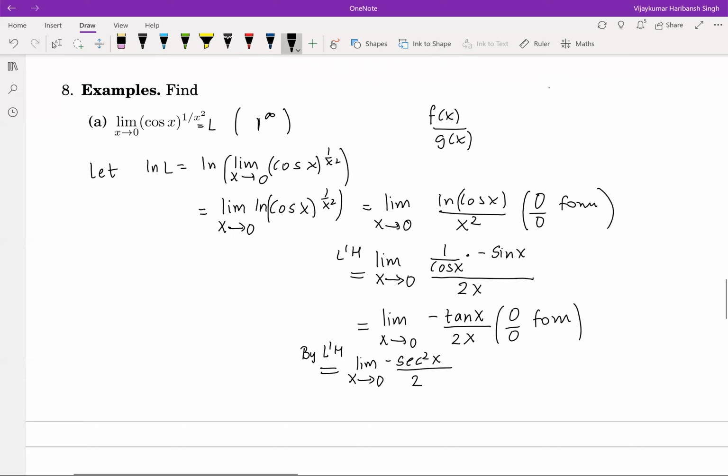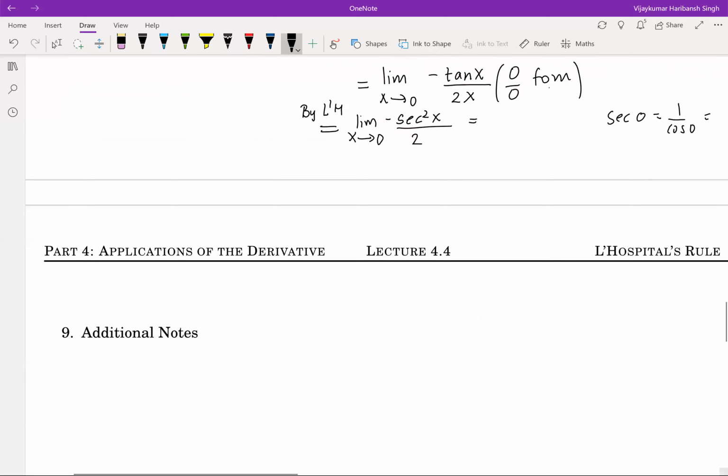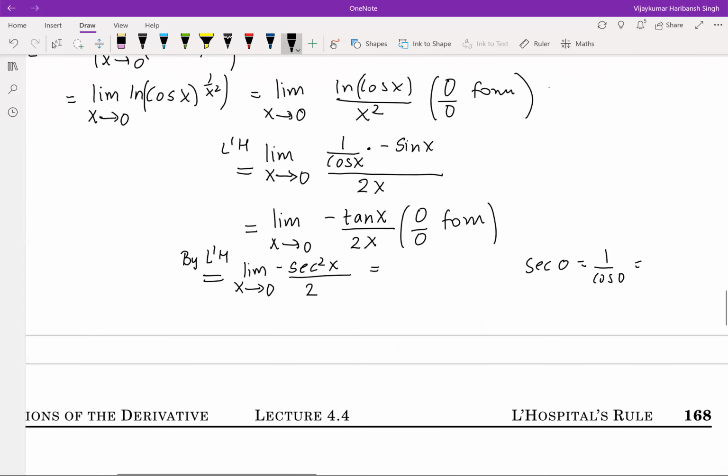And as x goes to 0, secant 0 is 1 over cos 0, which is 1. So this is going to be minus 1 over 2. So this is your ln L. So ln L is minus 1 over 2. So this implies L is e to the power minus 1 by 2.